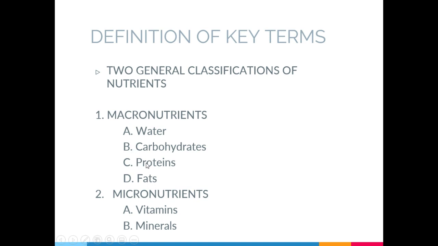Proteins can give us calories, but that is not the major function of protein. In fact, as much as possible, we prevent proteins from becoming a source of calories for our body.